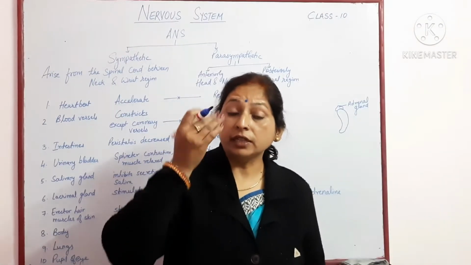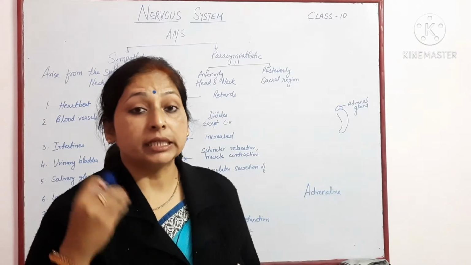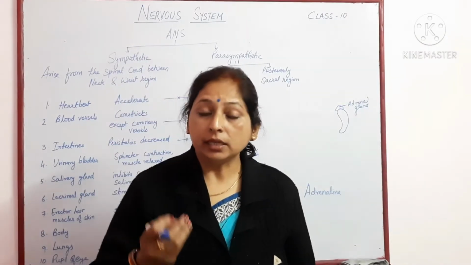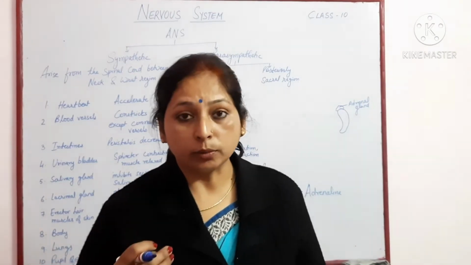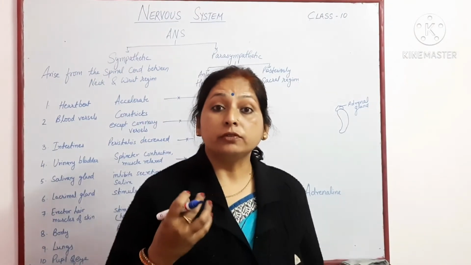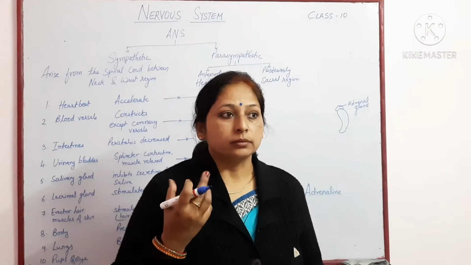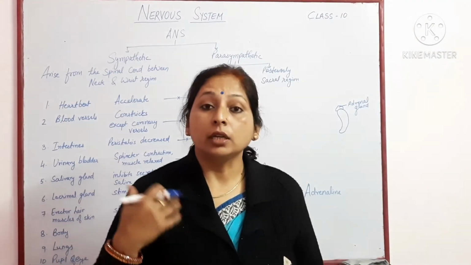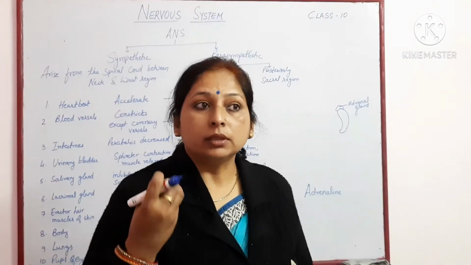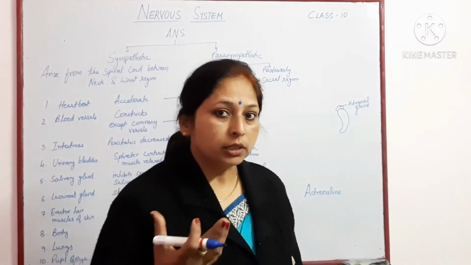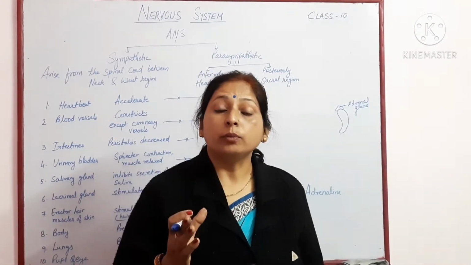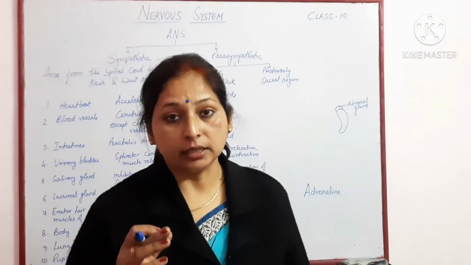It secretes the hormone adrenaline, also termed the fight or flight hormone, which is responsible for all the stress actions, or all the actions when an immediate response is required. So this adrenaline is the hormone which controls the sympathetic nerves.